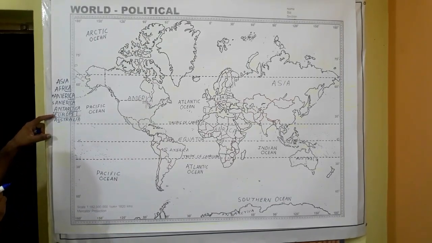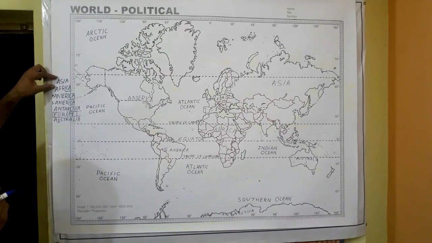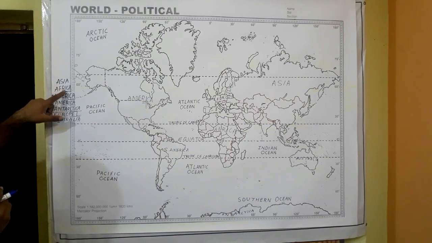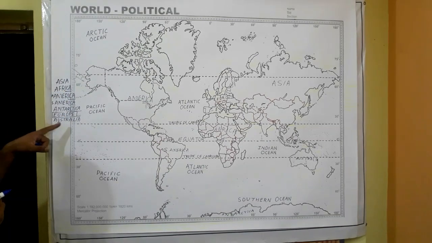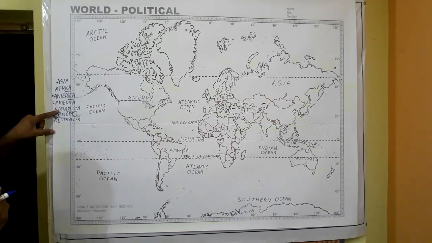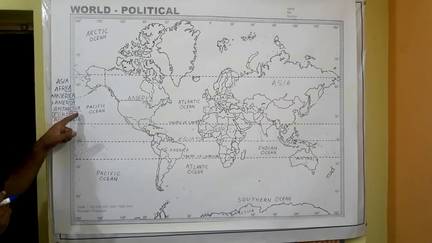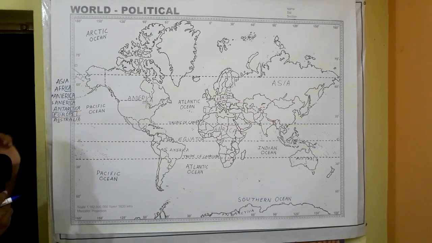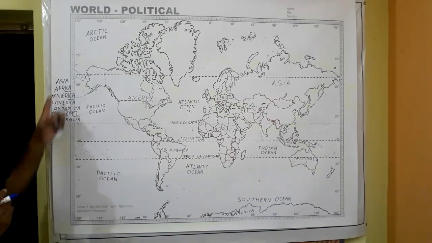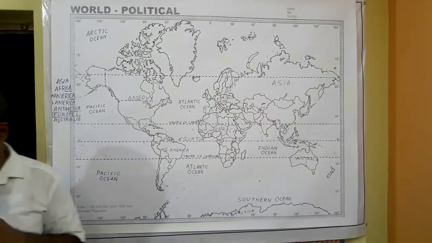Remaining all, they sync with a particular pattern, because after Asia, all end with ICA. Then after Antarctica, AU should come. But between Antarctica and Australia, only Europe is without any link. We have to put it here. So in this way, by area we have found.